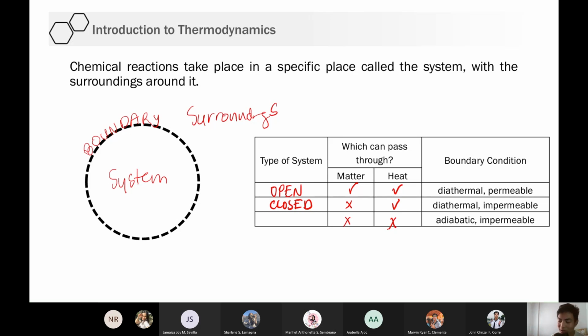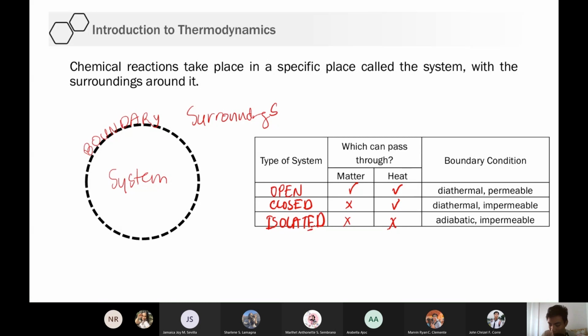But, if you change the boundary to adiabatic, kunwari, gawin mo makapal na styrofoam yung boundary na yun, tapos may takip pa, naging isolated system yun. When you say isolated system, these are systems that are excluded from the rest of the universe. No?